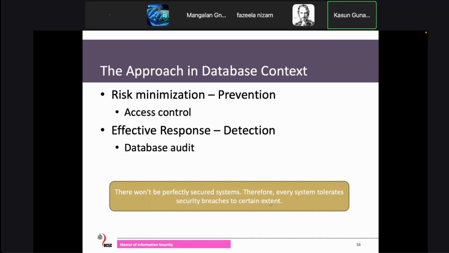So that is the other side of this, right? Security will have a cost, so it will be an overhead as well. So it is always a trade-off, right? So we have to identify the right balance.